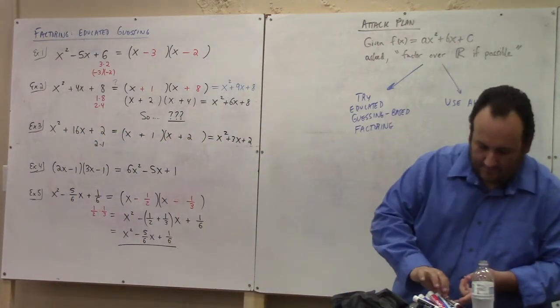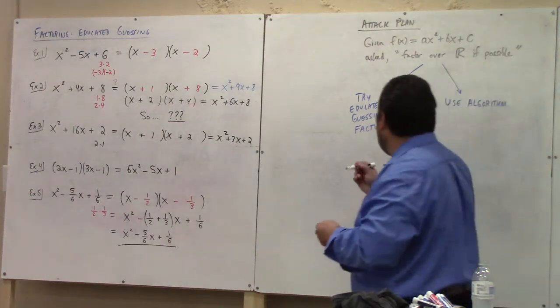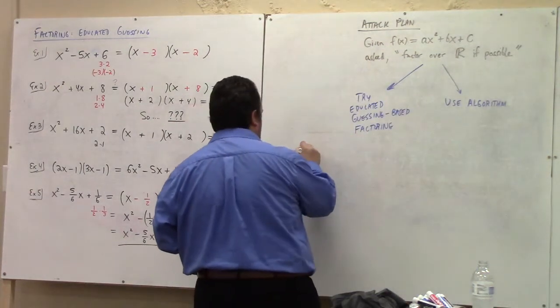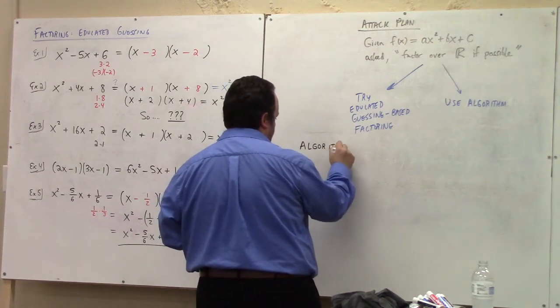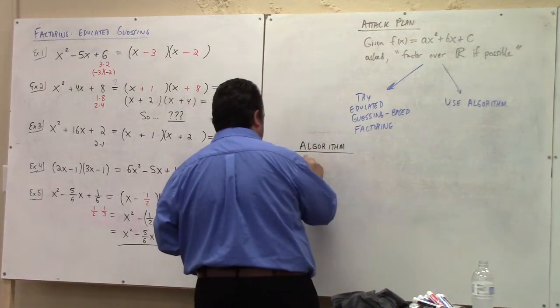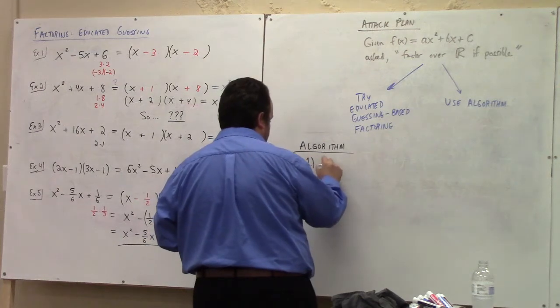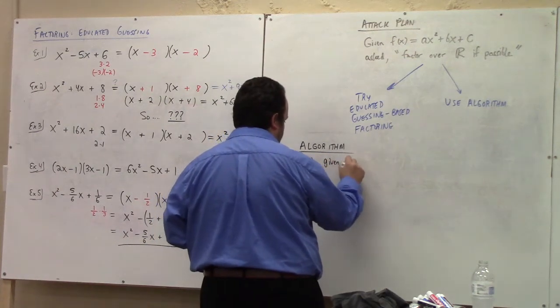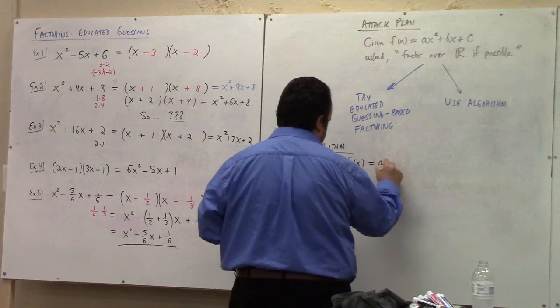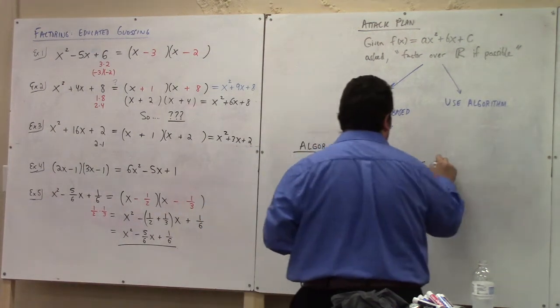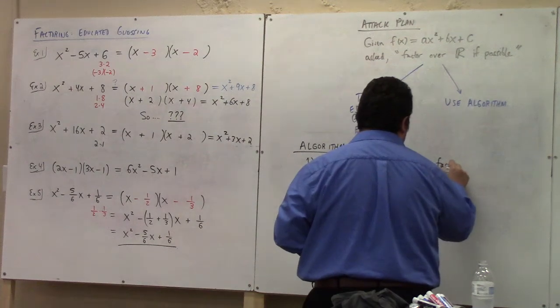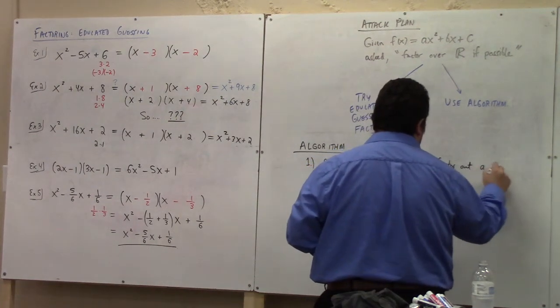Okay, so here's the method. Algorithm. Step number 1. Given f of x equal to ax squared plus bx plus c, factor out a if needed.